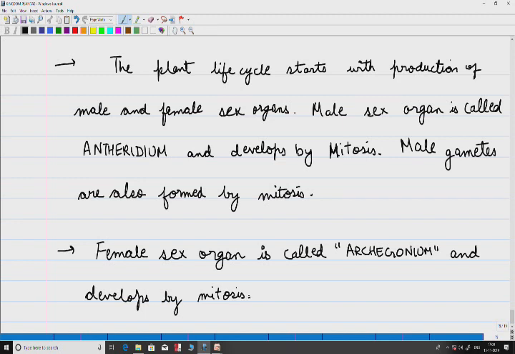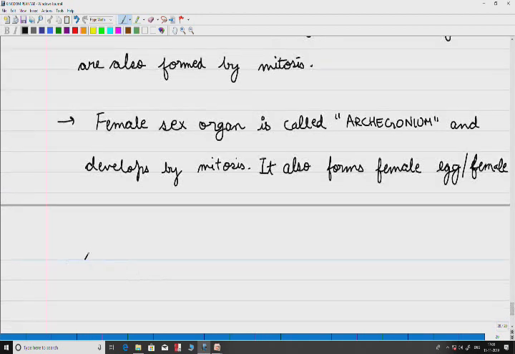It is itself formed by mitosis, and it gives rise to female gametes or egg cell also by mitosis. Okay, that is the thing.